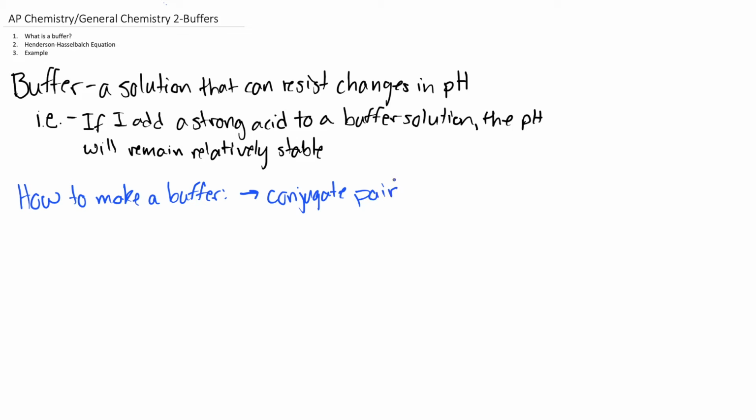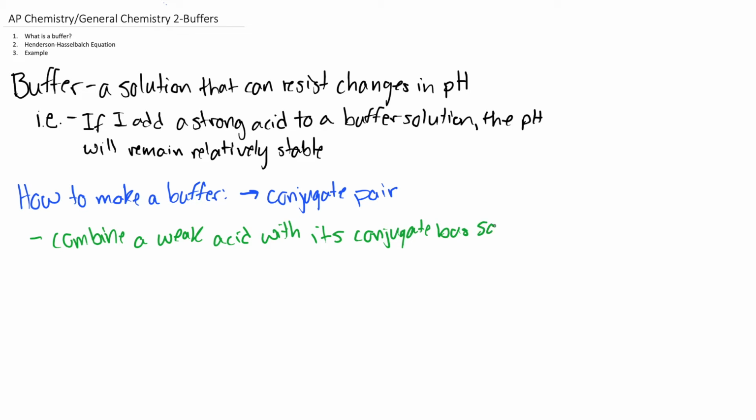I'm assuming that you've already gone over acid-base equilibrium, as a conjugate pair is a weak acid and its conjugate base, or a weak base and its conjugate acid. So how are we going to make a buffer? We can combine a weak acid with its conjugate base salt.